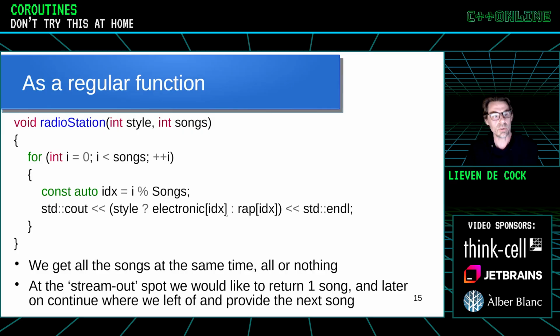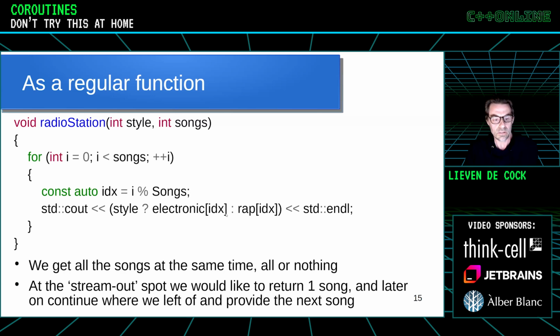Now, imagine we would write this as a regular function. We have two arguments. The style of music I want. I can choose between rap music or electronic music, and how many songs I want to listen to. We implement this with a simple for loop, and listening or having the music ready, that's printing to cout.